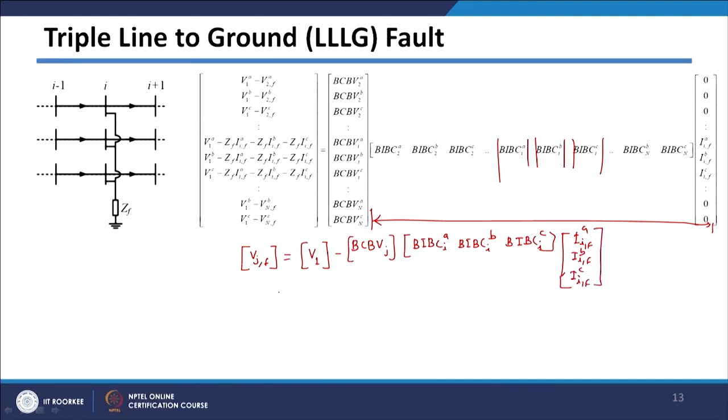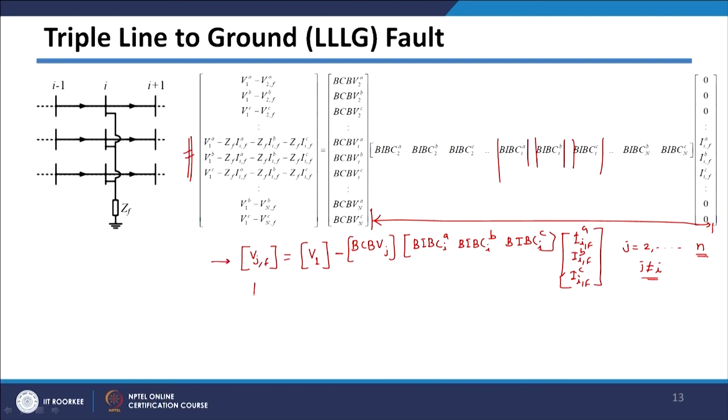So in this equation, J is changing from node number 2 up to small n, 3 phase nodes, where J is not equal to I, because you are not calculating the post fault voltages for the faulted bus, the remaining buses you are calculating. So this is how we can calculate post fault voltages.